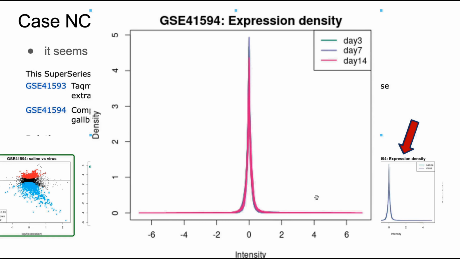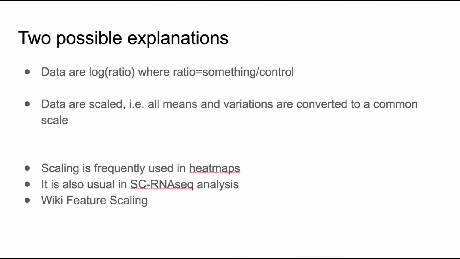What's going on here? The explanation could be that either the authors did some ratio, taking samples divided by an unknown control, or more likely it is a scaling applied to the data. Scaling is literally that you rescale all the expressions to some common scale.